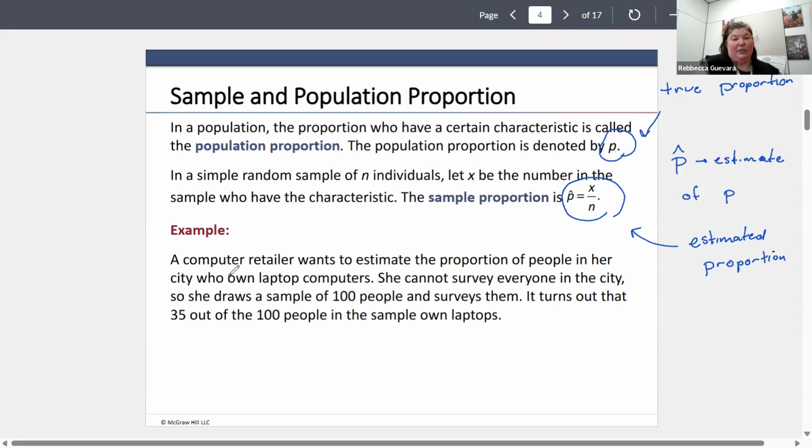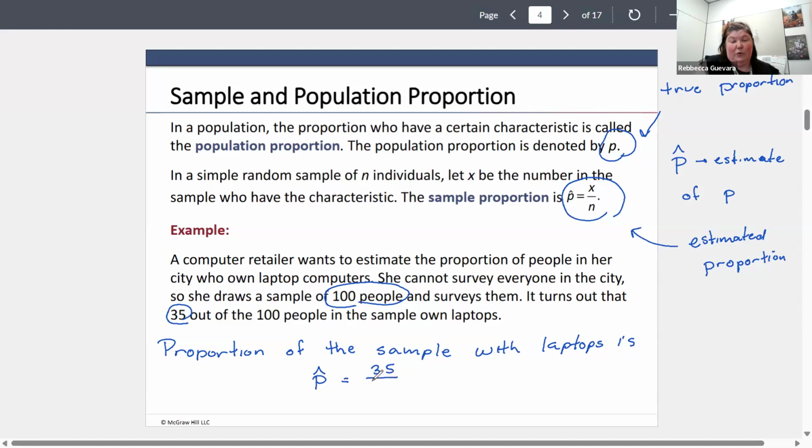For example, a computer retailer wants to estimate the proportion of people in her city who own laptop computers. She cannot survey everyone in the city, so she draws a sample of 100 people and surveys them. It turns out that 35 of the 100 people in the sample own a laptop. So the proportion of the sample who have laptops is going to be p hat, and it's going to be 35 over 100.